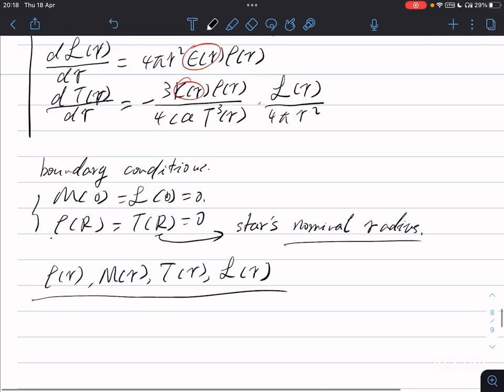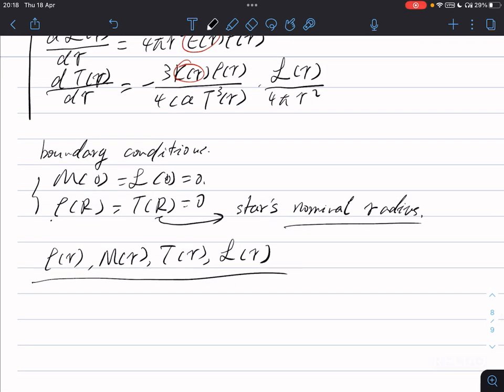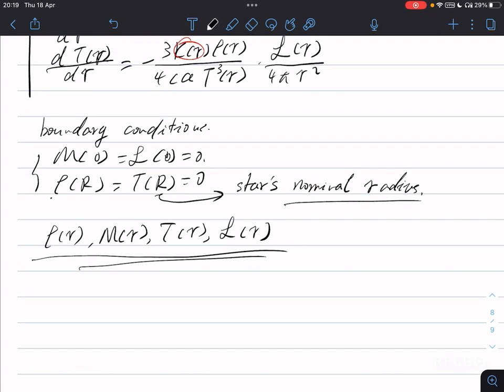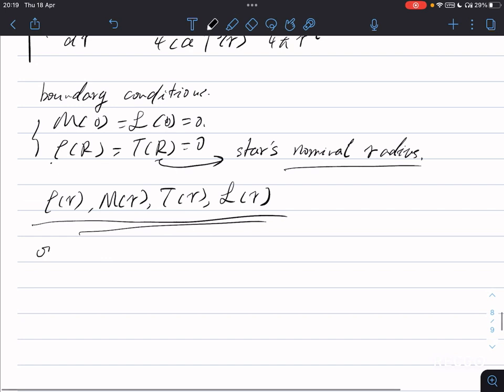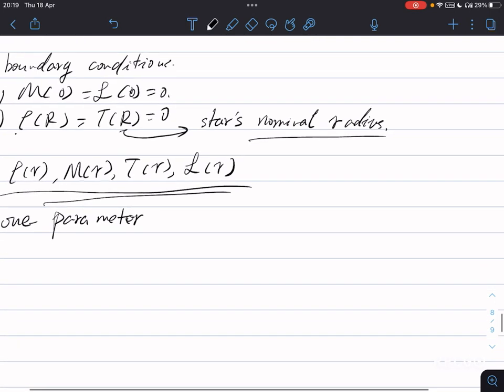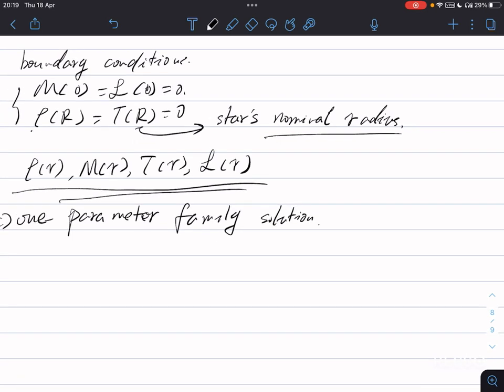Okay, so we have four equations with four boundary conditions governing these four functions, and we can obtain a one-parameter family of solutions, i.e. the Vogt-Russell theorem.